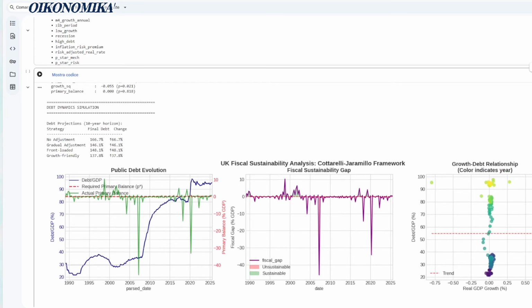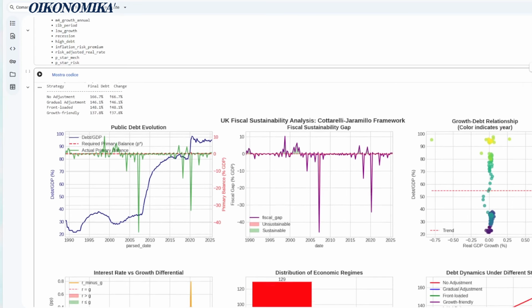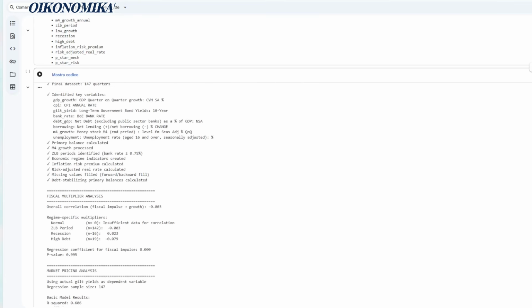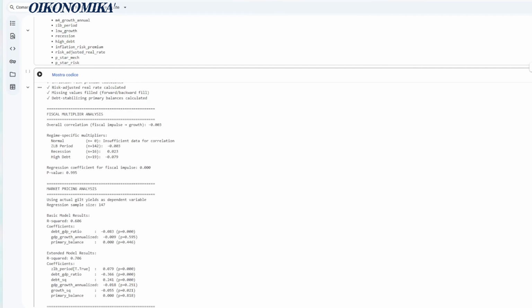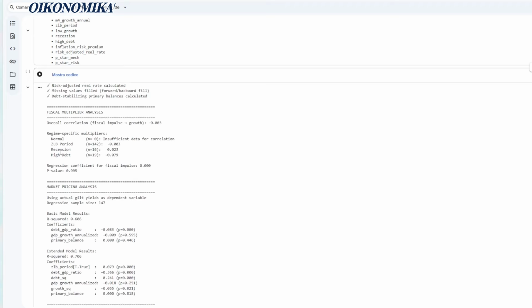That happens for all governments. If we take Japan, there is no such thing as fiscal discipline. With this model, we can see what the fiscal multiplier is in different economic environments.